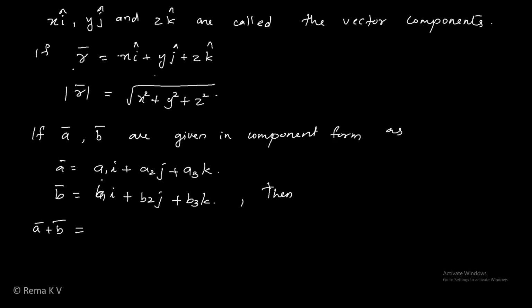Here a1 plus b1 i, then plus a2 plus b2 j, then plus a3 plus b3 k. This is how we are adding two vectors which are given in component form.